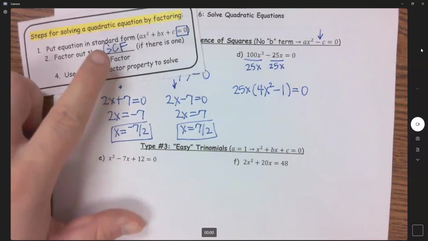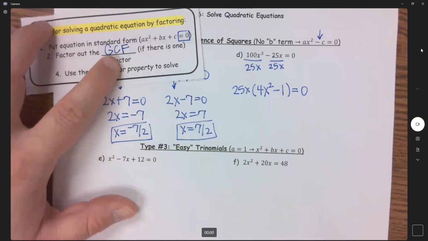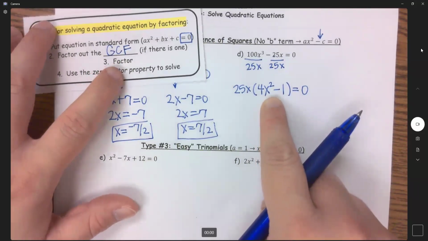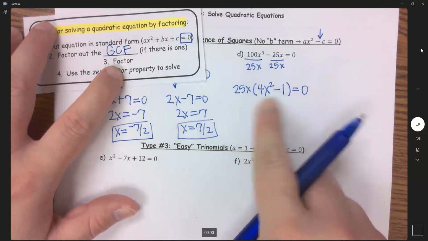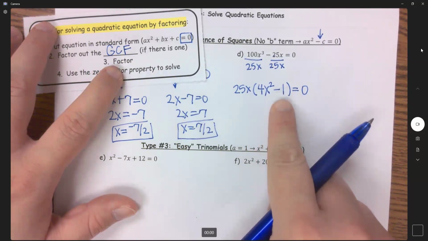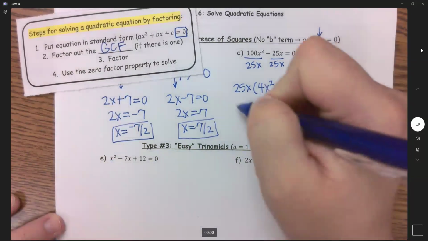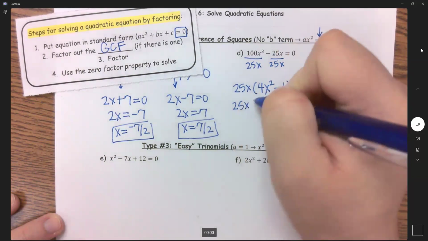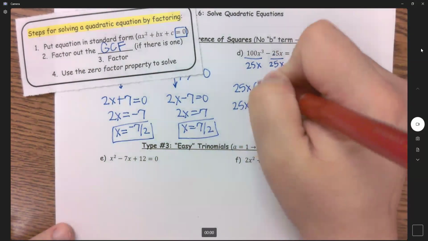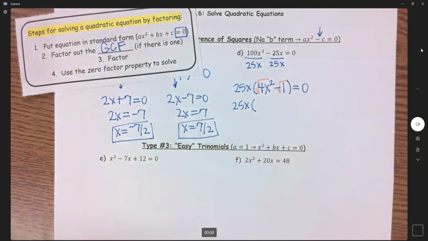Now this time, taking out that GCF, we're not fully factored because I still have an x squared. So I need to keep going. So now we need to factor. I can see that this is a difference of squares because we have an x squared, no b, and a negative c. So I'm going to bring my GCF down. And now I want to take the square root of both of these numbers here.